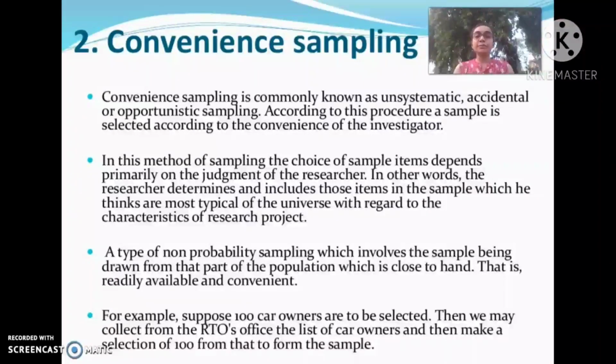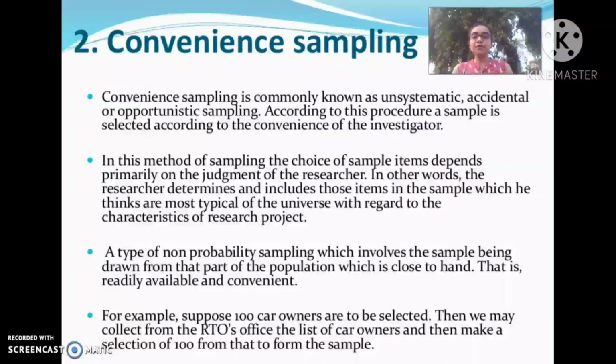So, in this method of sampling, the choice of sample items depends preliminarily on the judgment of the researcher. In other words, the researcher determines and includes those items in the sample which he thinks are most typical of the universe with regard to the characteristics of the research project.